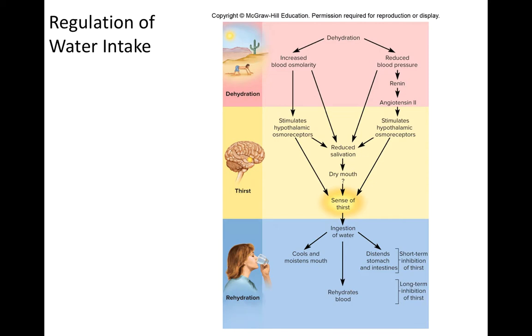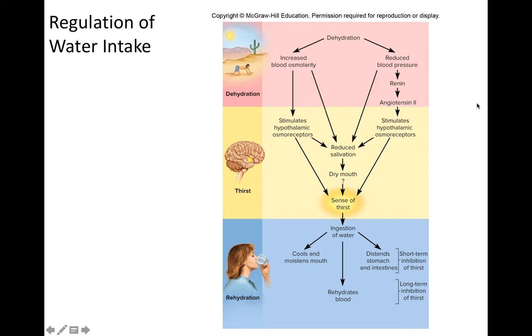Now, when we drink the water, it does not immediately transfer into the blood and change the blood volume and change the osmolarity. It takes a period of time for us to actually absorb across the digestive tract. So there's actually a short-term negative feedback that works and then a long-term negative feedback. As soon as you begin to drink and your stomach distends, that is actually the negative feedback that comes back and shuts this off.